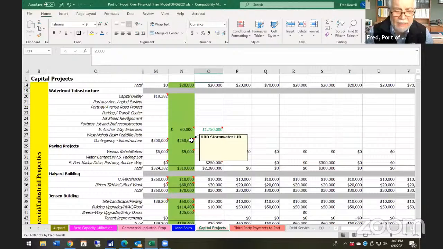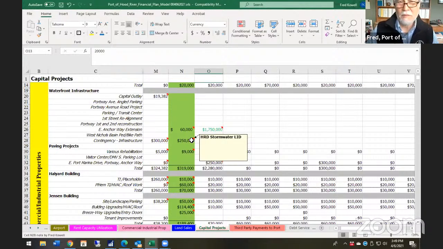It was HRD, and through this last, I'm going to say 18 months, the city has taken on the role of repairing that stormwater line. And they're still trying to figure out how they're going to fund the stormwater line. Part of it is going to be through grants from the lottery and from the state. There's a possibility of taking a loan out that can be converted into a grant at a later date.